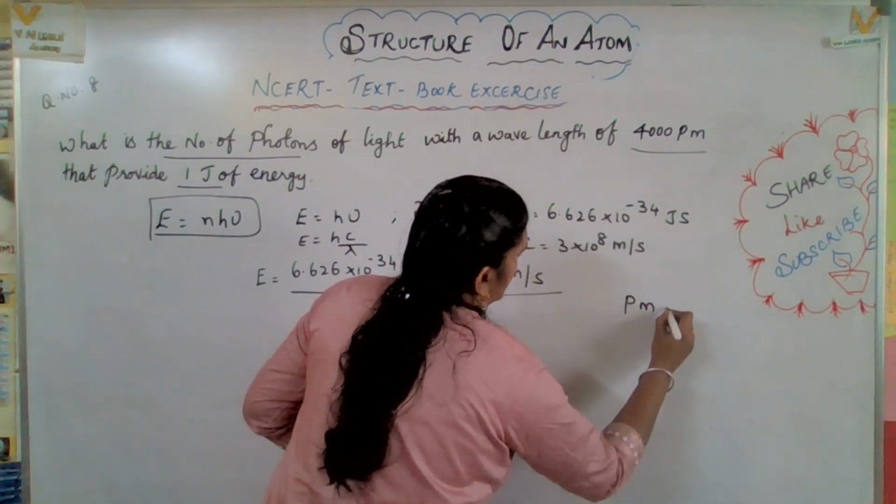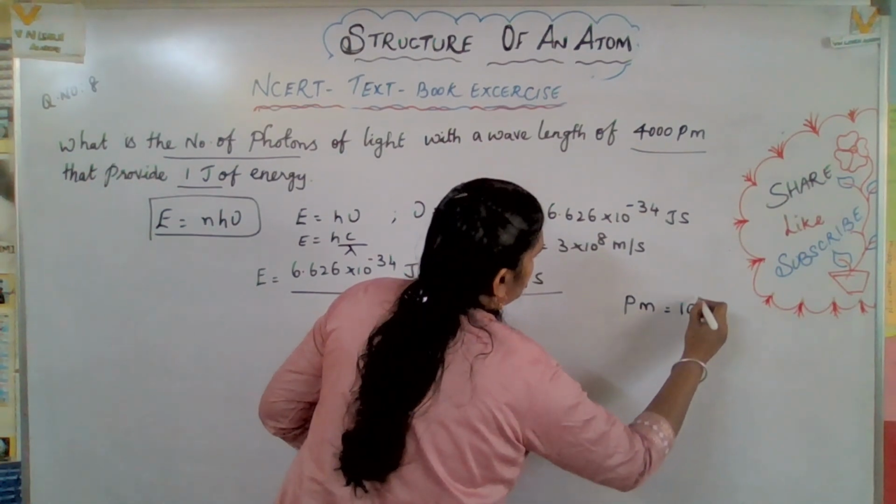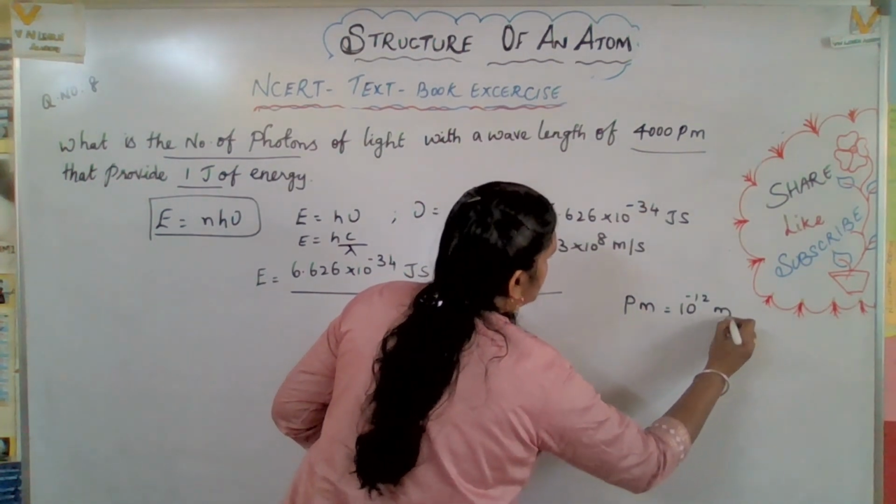Picometer equals 10 to the power of minus 12 meter.